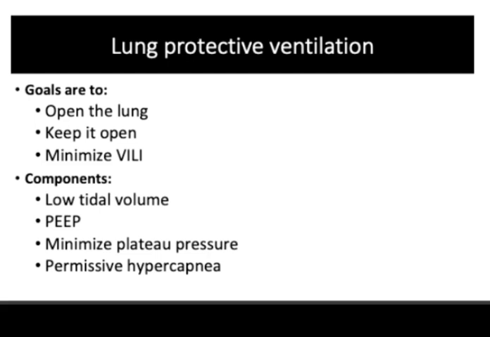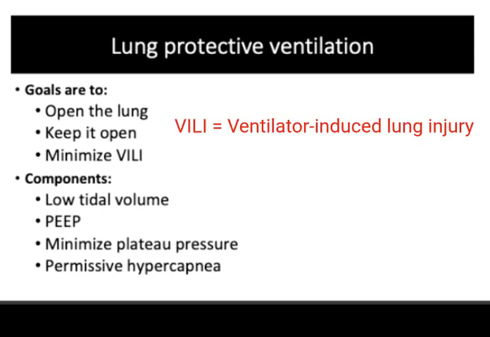The three main goals of lung protective ventilation are, first, to open the lung, second, to keep it open, and third, to minimize ventilator-induced lung injury, or VILI, which is by far the most important goal of any ventilator strategy. We just discussed that low tidal volume ventilation will minimize VILI.